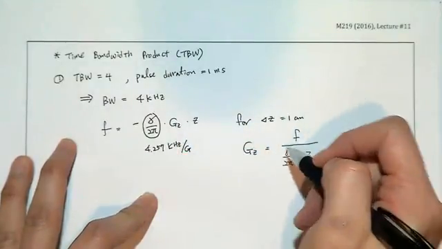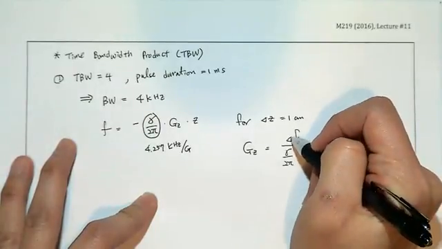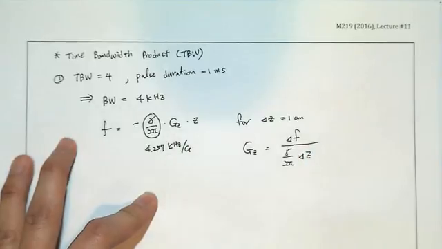Gz is equal to delta F over gamma over 2 pi times delta z. There's a negative sign, but it doesn't really matter. If you want to have a delta F, which is bandwidth, and a delta z, those are mapping to each other.